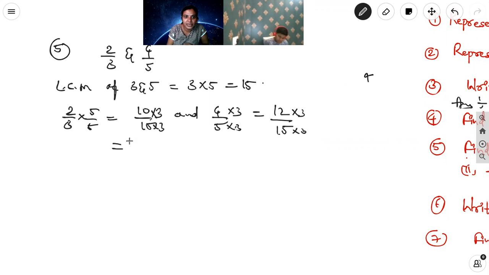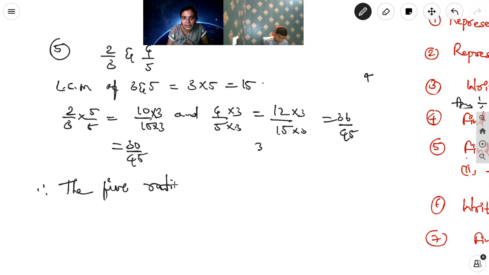How much are we getting? 30 by 45 and 36 by 45. The difference of 36 minus 30, we are getting 6 numbers.